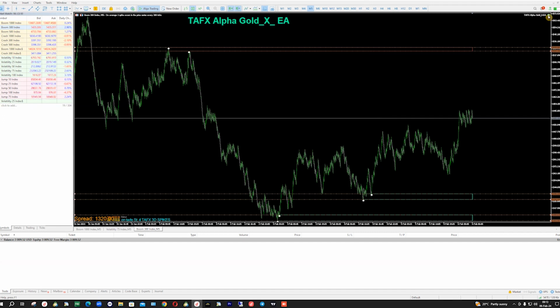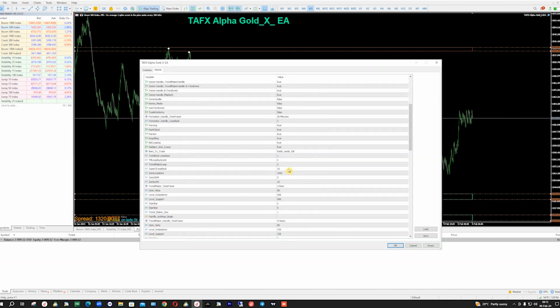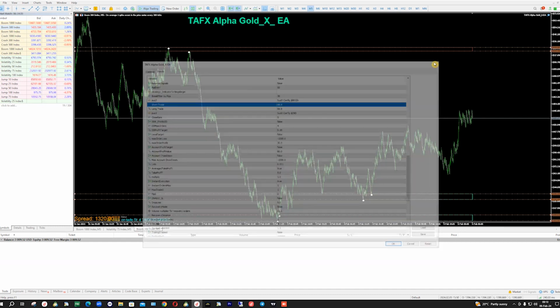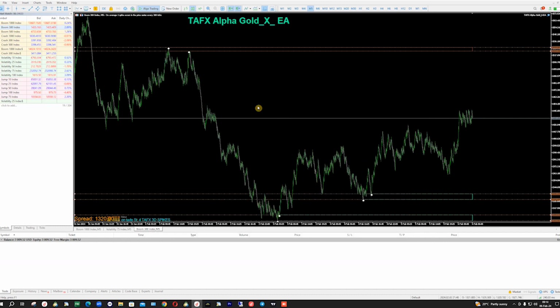And if we double click here, you will find that still it is 88.8. Remember, every time you change the settings in MT5, not in MT4, there's no issue in MT4, everything is cool.